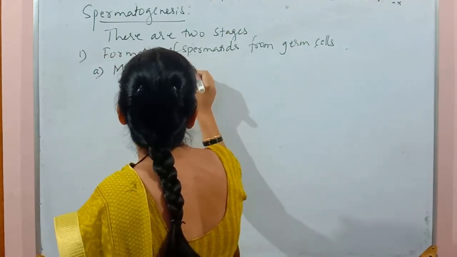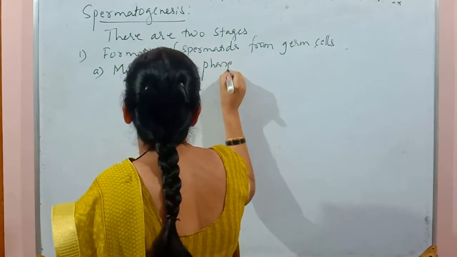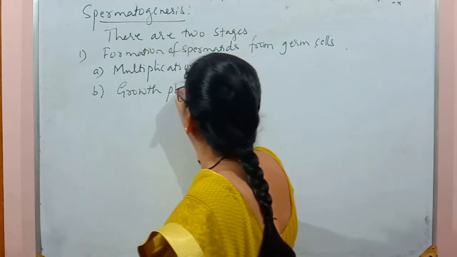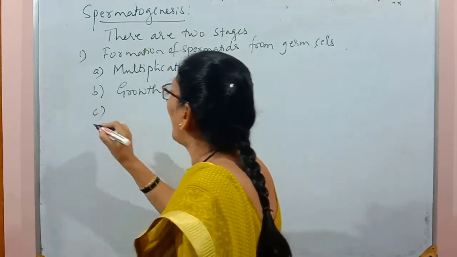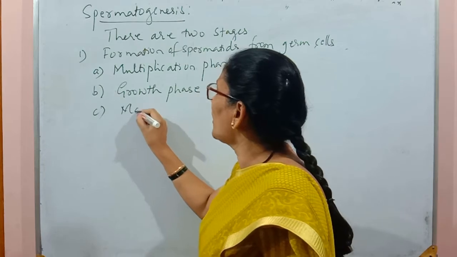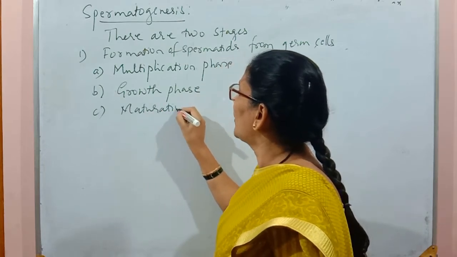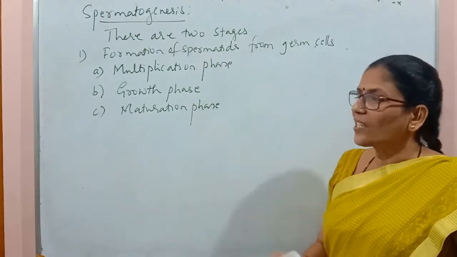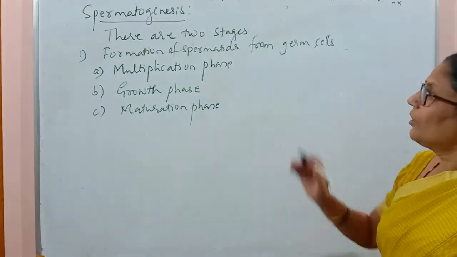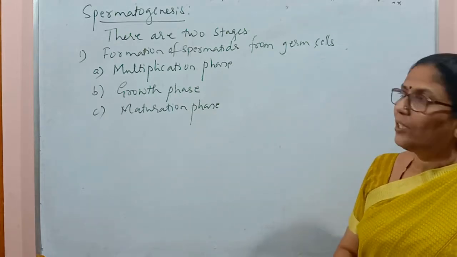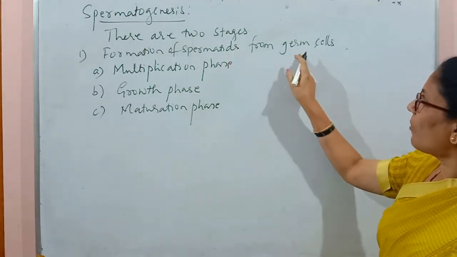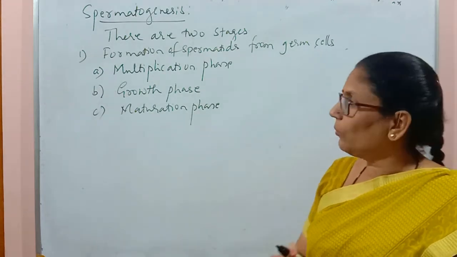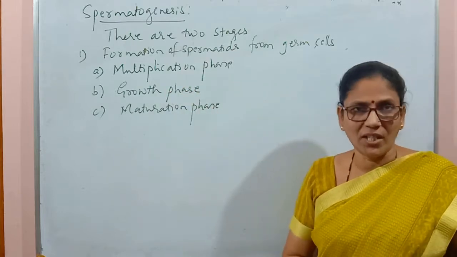The second phase is the growth phase. And the third phase is the maturation phase. So these 3 stages are required to complete the first stage, the formation of spermatids from germ cells.